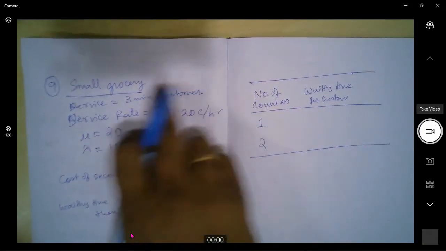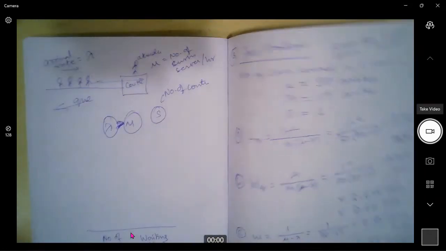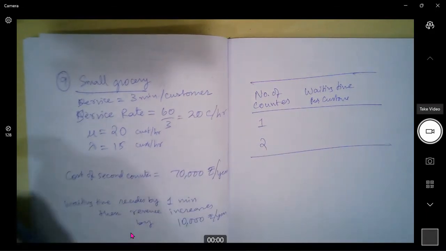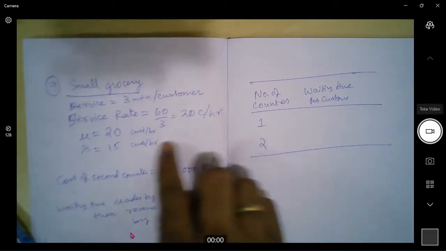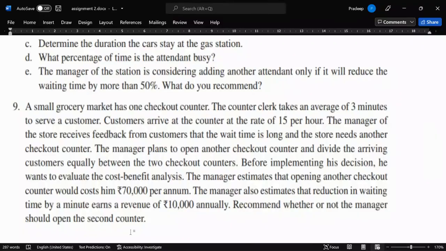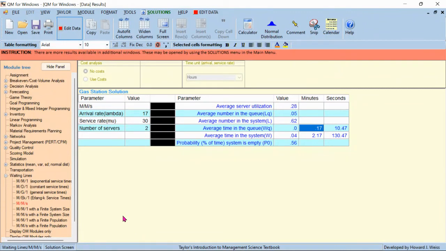Since I'm lazy, I could apply this formula, but for the case of two counters, I need to use QM, so I'll directly go to QM. Remember, lambda is 15, mu is 20. Go to the QM software.